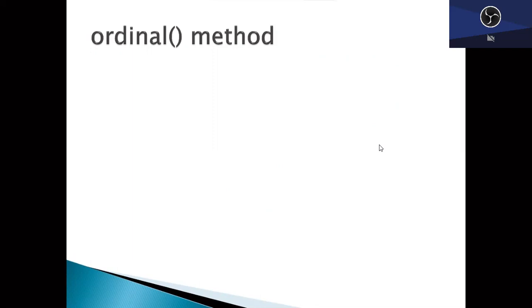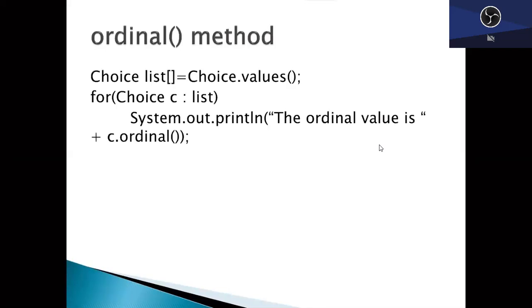Ordinal gives the ordinal value. When I have three constants, Yes, No, Maybe, each of these constants has a position in the enumeration. Yes is the first, No is the second, and Maybe is the third. That is the ordinal position, and the ordinal method returns this value. So if I print c.ordinal(), it will print the position.